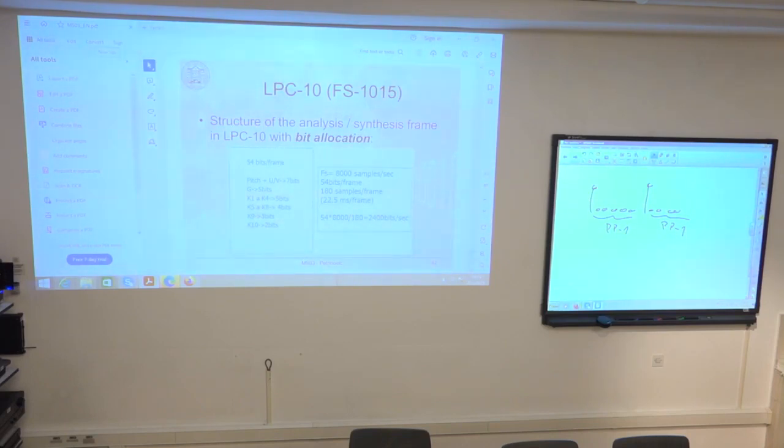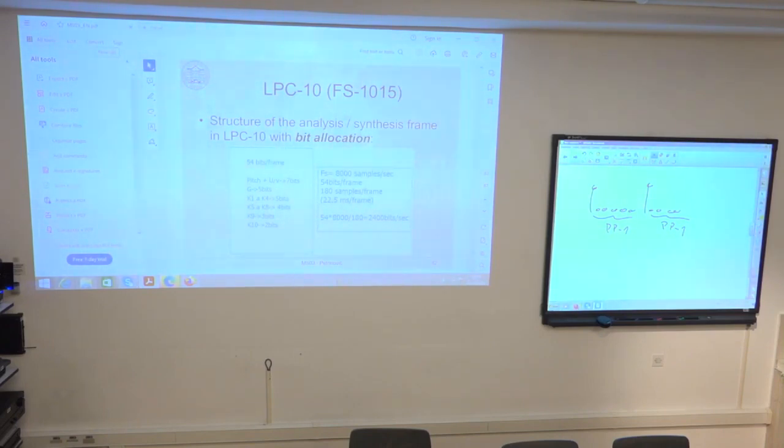Bit assignment for individual parameters of the model is shown here because so far I have not demonstrated what is the influence of quantization. So what happens if the original coefficients A are quantized into some kind of quantized version that is then sent to the decoder to reduce the rate.